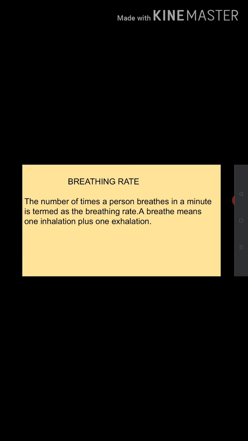The number of times a person breathes in a minute is termed breathing rate. That is, in 1 minute, how many times a person breathes, that number is termed breathing rate.